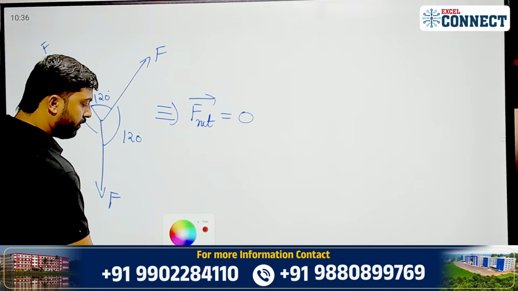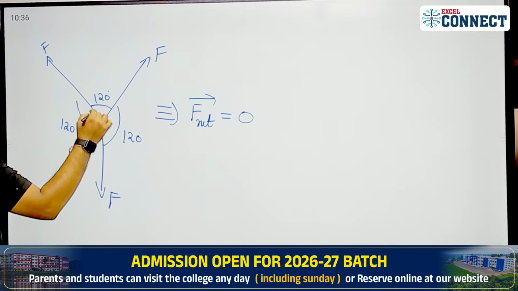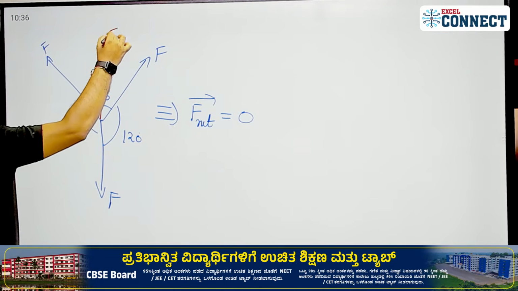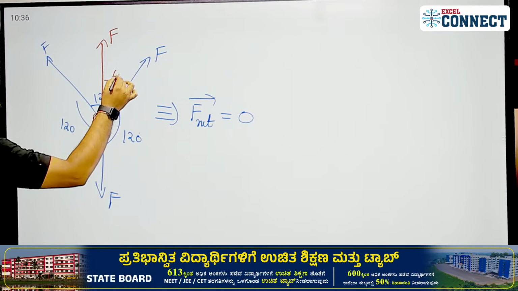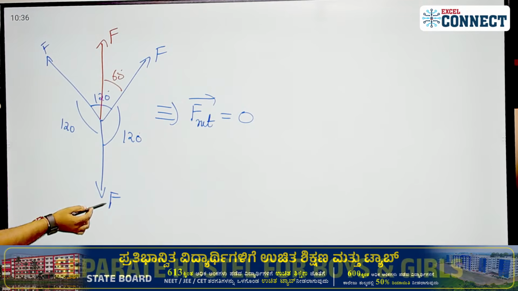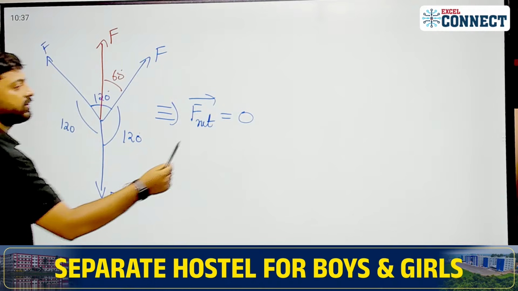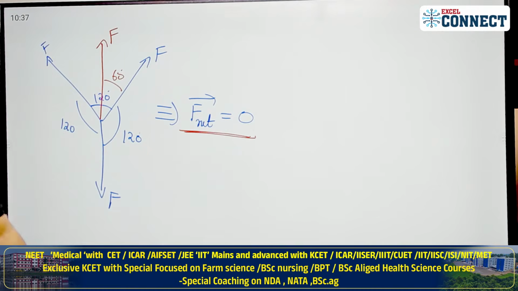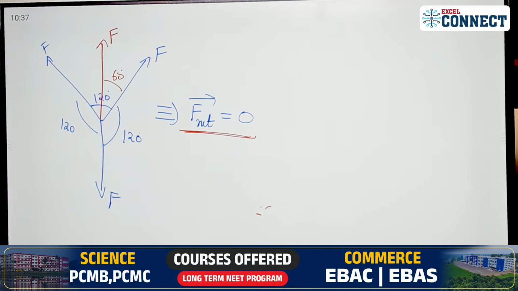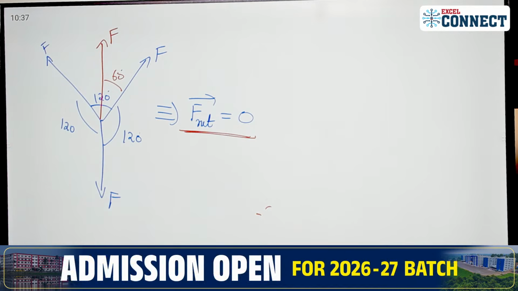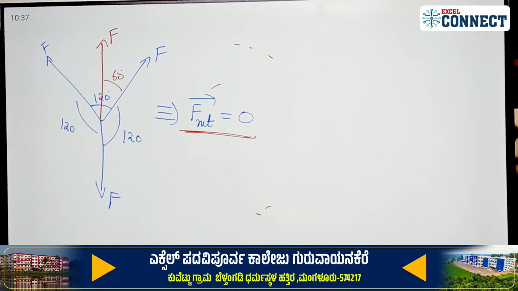Why? Because if you take the resultant of these two forces, this is F itself, but it makes an angle 60 degree, and this F and this F are opposite in direction, so they get cancelled. The net force is 0. Okay. Got this?